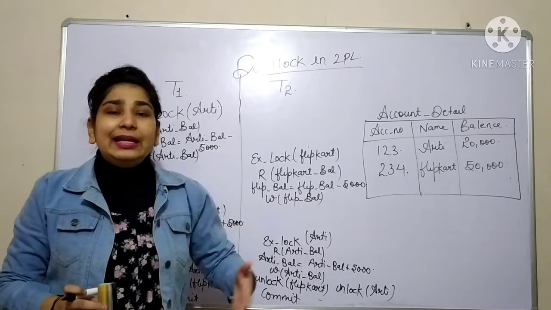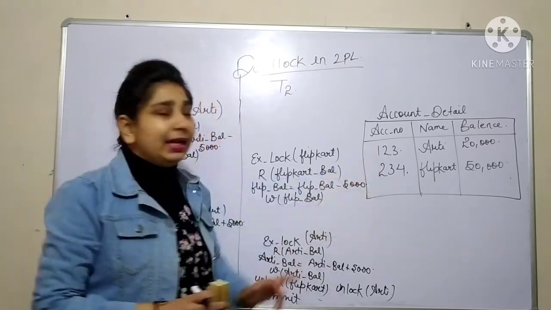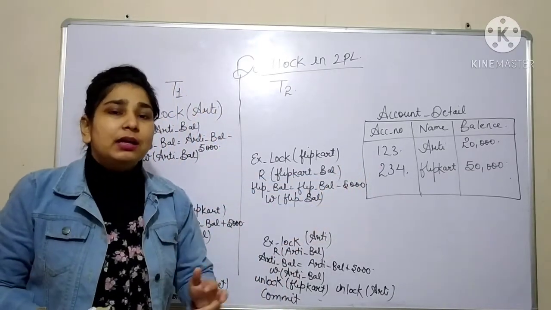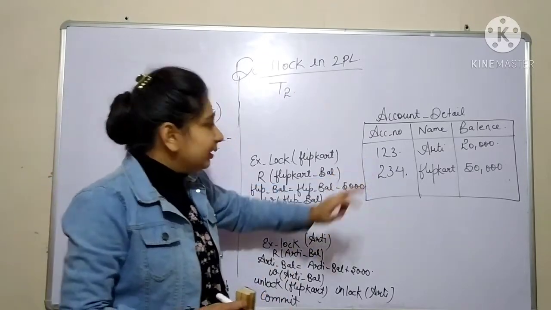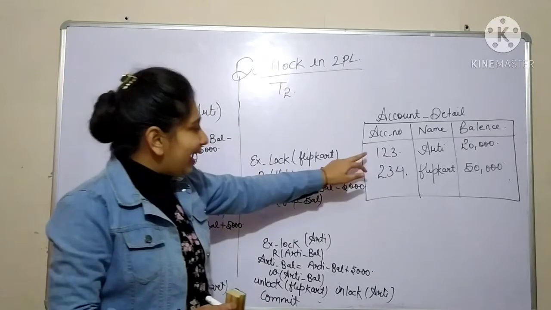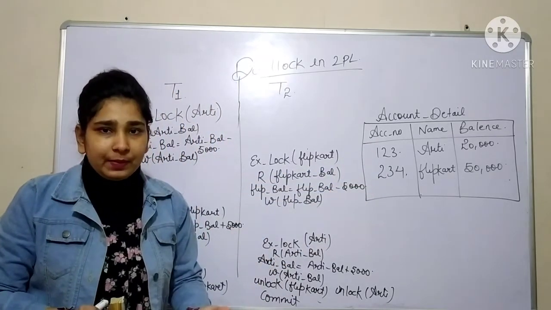Any kind of possibility can be there. So my condition is, let's suppose Aarti purchased some item from Flipkart, and we are transferring 5,000 rupees from Aarti's account to Flipkart's account.